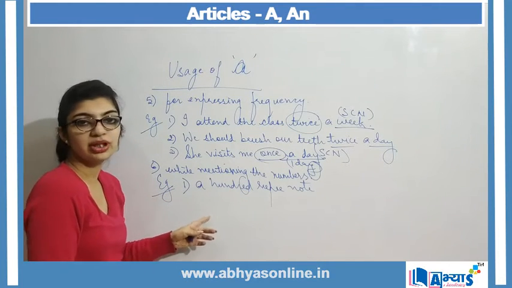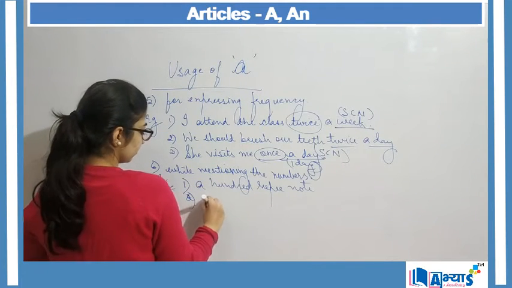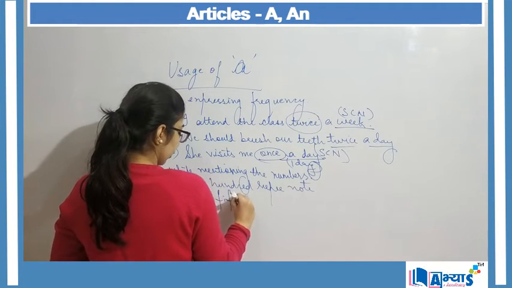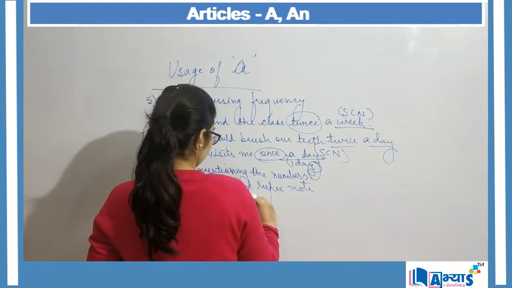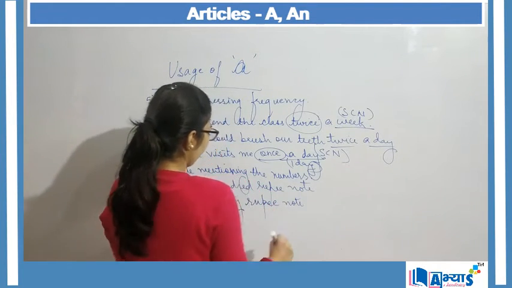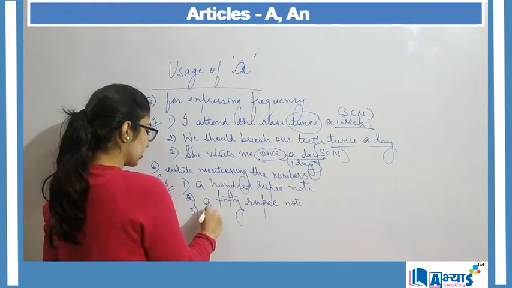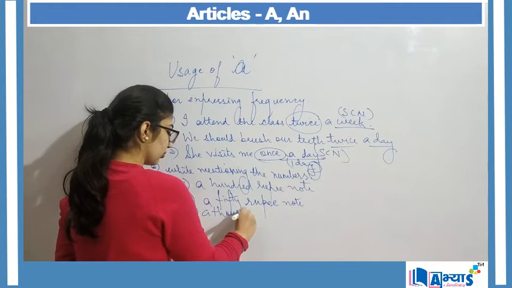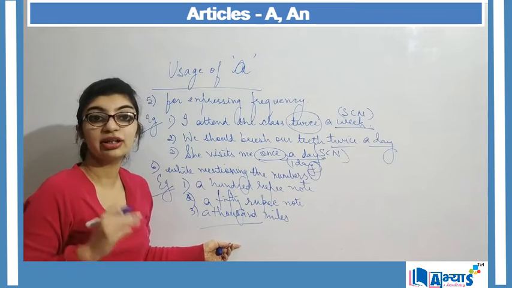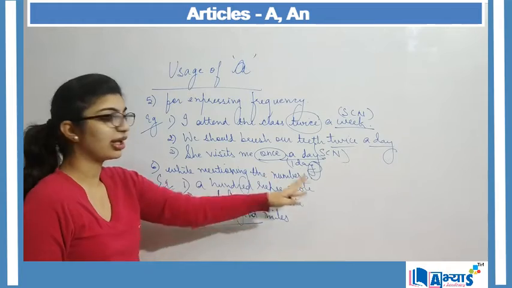So a 100 rupee note is again a number. Another example can be a 50 rupee note. So whenever you want to give a number, I can say a 1,000 miles. Here again I am talking about the number, right? A 1,000 miles. So all these are the examples of while mentioning the number.